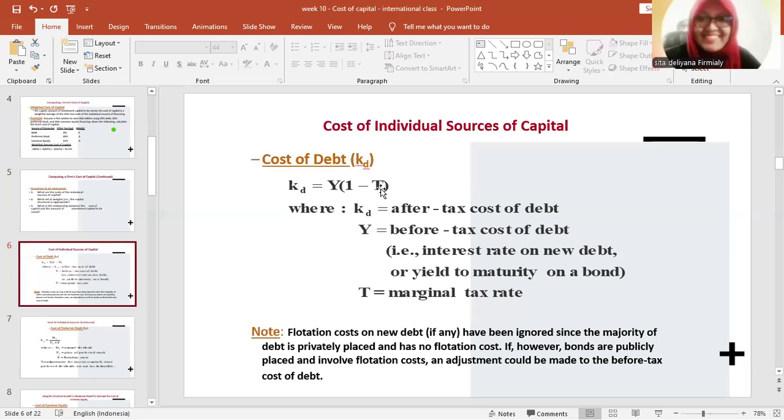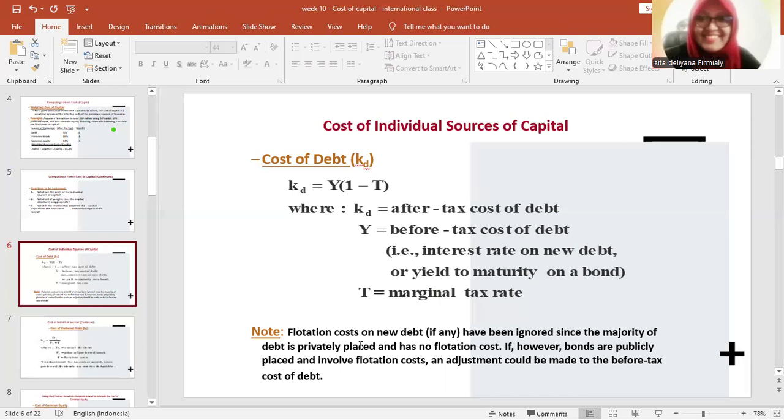Remember, the marginal tax rate will be different for each company. The before-tax cost of debt you can get from the interest rate on a new debt or the yield to maturity on a 30-year bond.